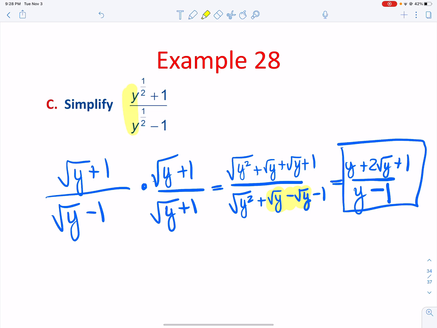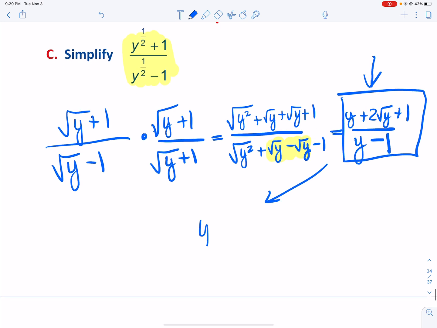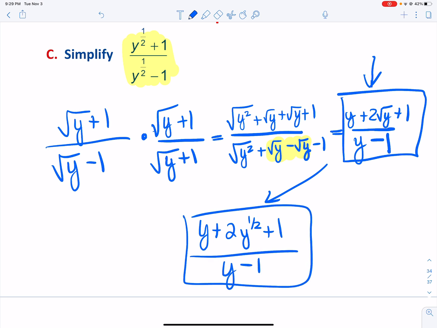But my original problem was in exponential form. So your final answer would be y plus 2y to the 1/2 plus 1 over y minus 1. So you're going to just write the square root of y as an exponential because the original problem was given in an exponential.